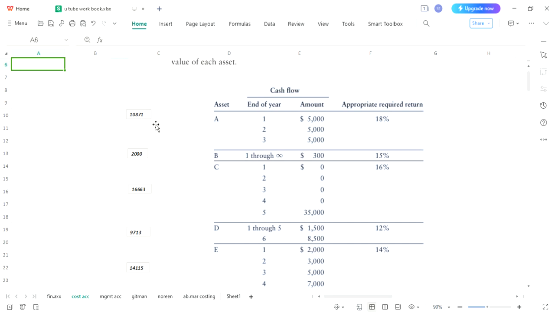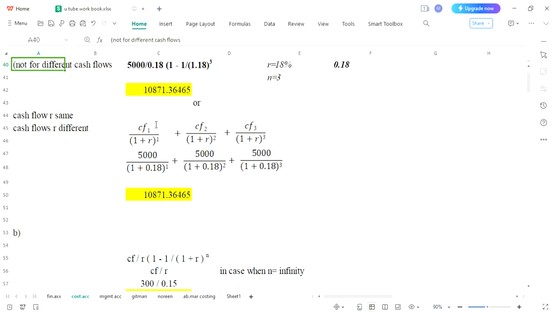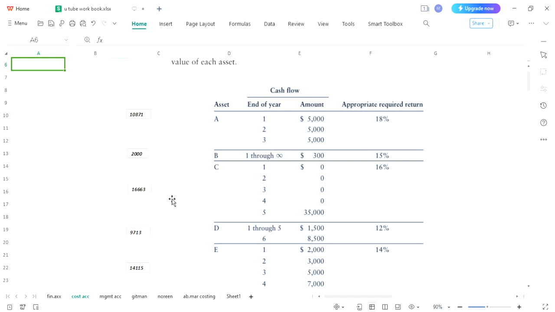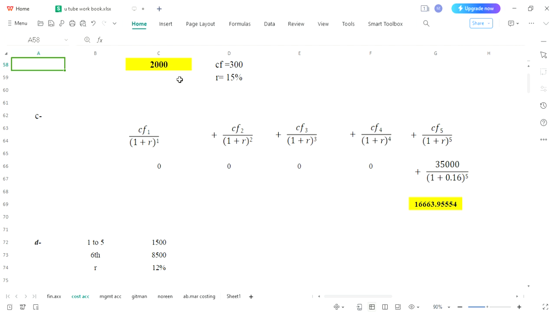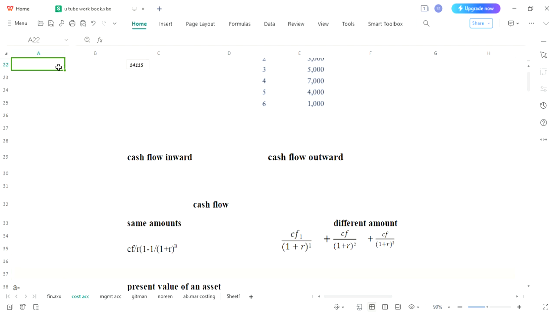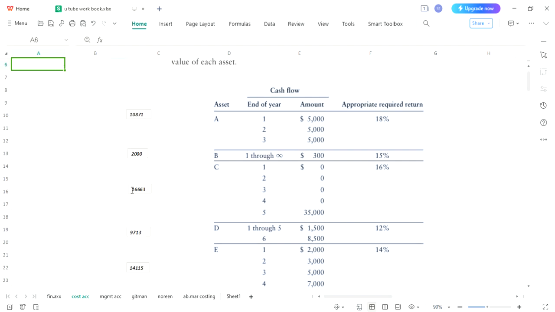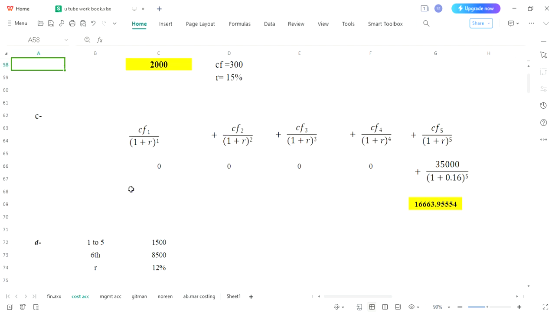For the first part, 10,877 was your answer, which you completed in 2 ways. Then you have 2,000 for the second part. This is your second part and 2,000 answer. Look, C part, above it is the second part 2,000, and then you have 1,663 for C part.